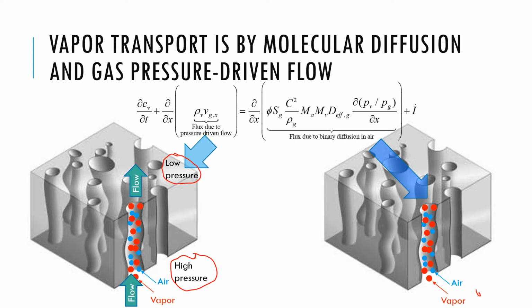Plus vapor of course has a generation term, which is positive because vapor is being generated from water, and of course this is the transient term for vapor.